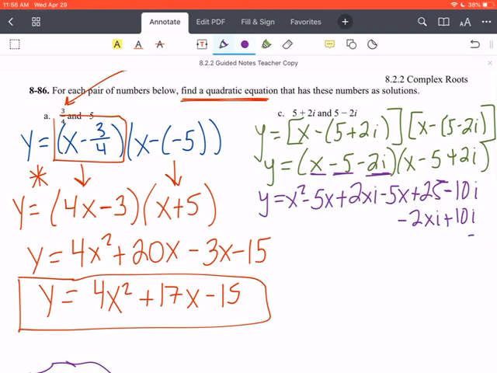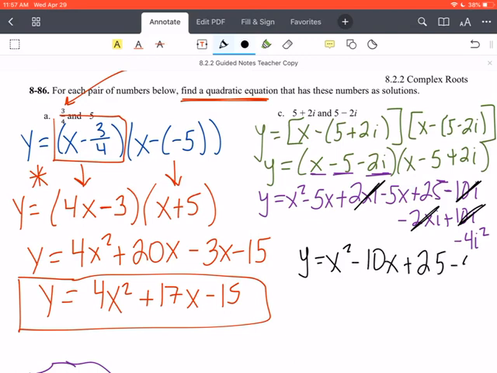Yikes. Okay, so hopefully lots of things will cancel out. So we have 2xi, negative 2xi. Then we have negative 10i and 10i. So now let's combine our like terms. We get y equals x squared minus 10x, and then plus 25 minus 4 times, replace i with that negative 1.